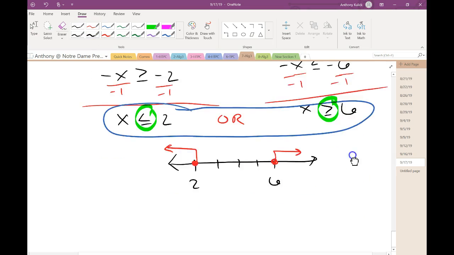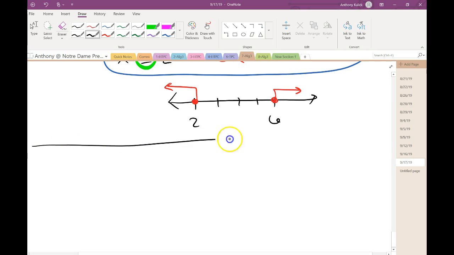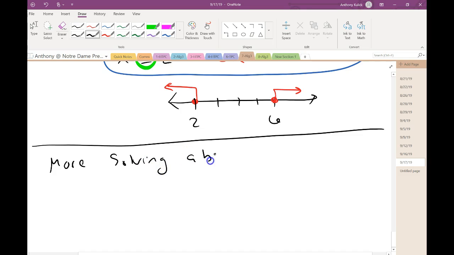I'd like to return now to some more examples of solving absolute value equations. I want to backtrack to this because there's a situation that can occur that we haven't talked about yet that is a little bit tricky.